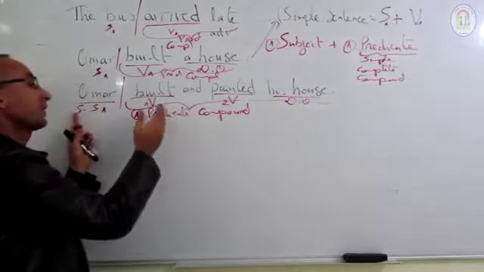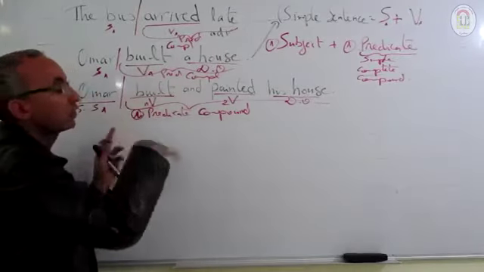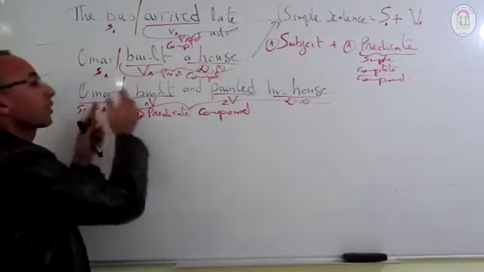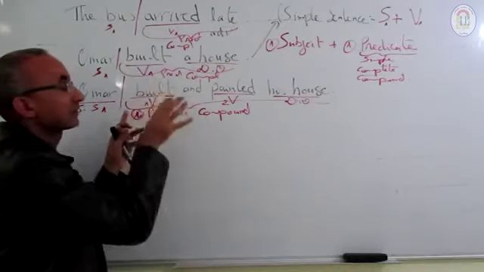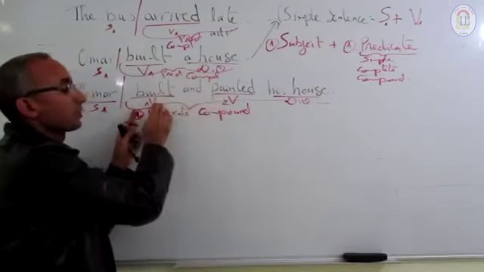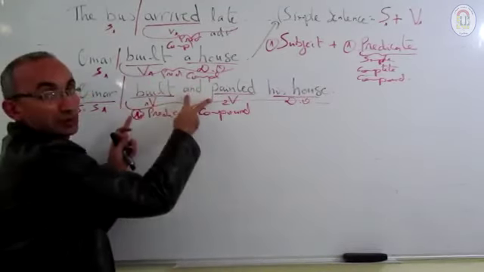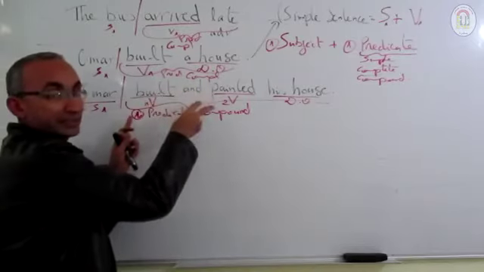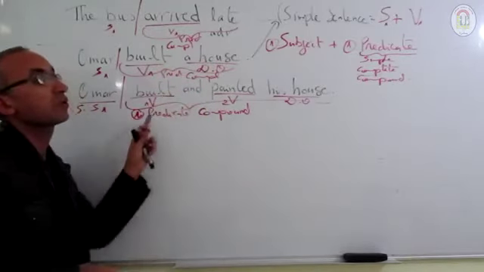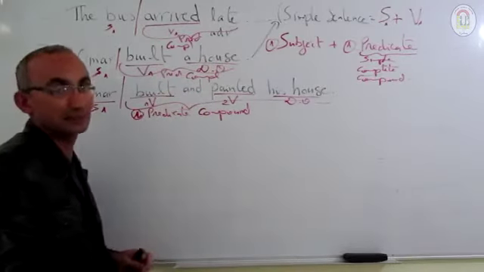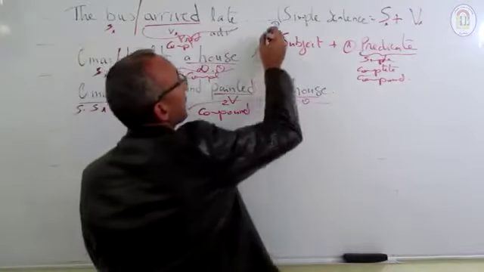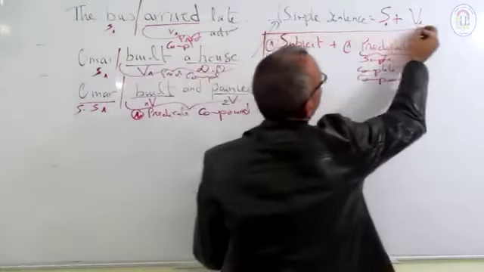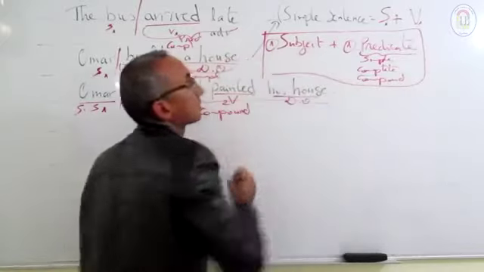One subject and one predicate. Usually we say one subject and one verb, because the central element of the predicate is the verb. But in case you have two verbs in a compound predicate, it remains always one simple sentence. So this is the correct structure for the English sentence.